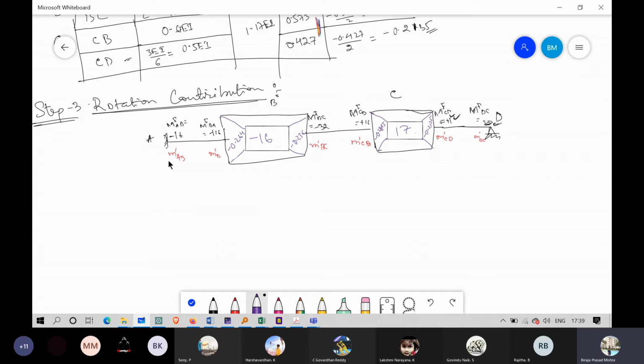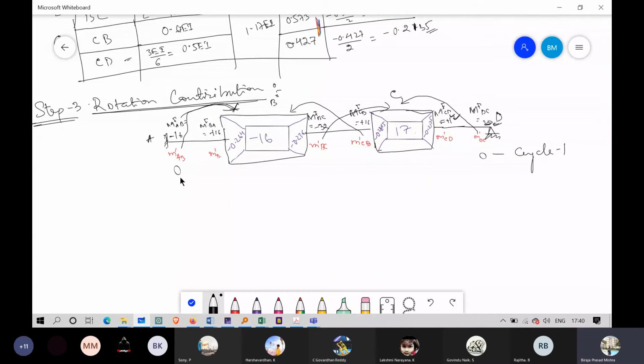Let us assume that M dash AB is 0 for the first cycle, and M dash DC is 0 for the first cycle, because then only we can find the values. Sorry, this M dash AB will be considered for joint B. Similarly, M dash CB will be considered for this one, and M dash BC will be considered for joint D whenever we are calculating.